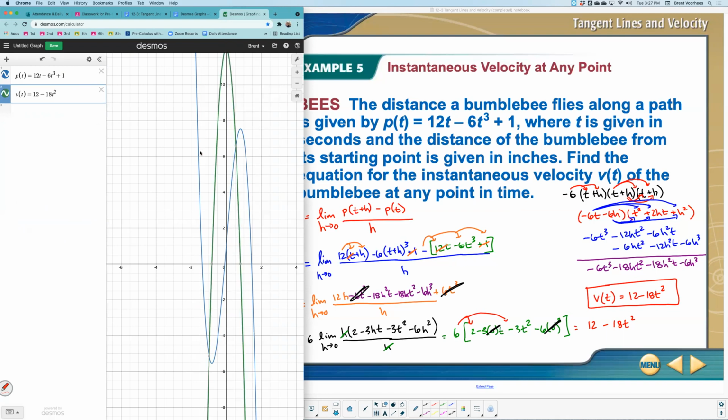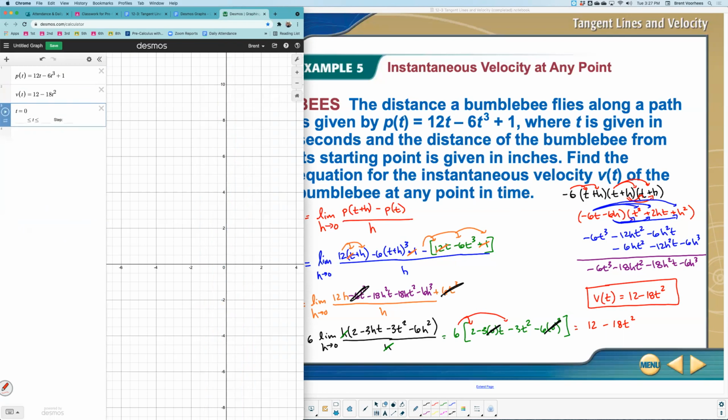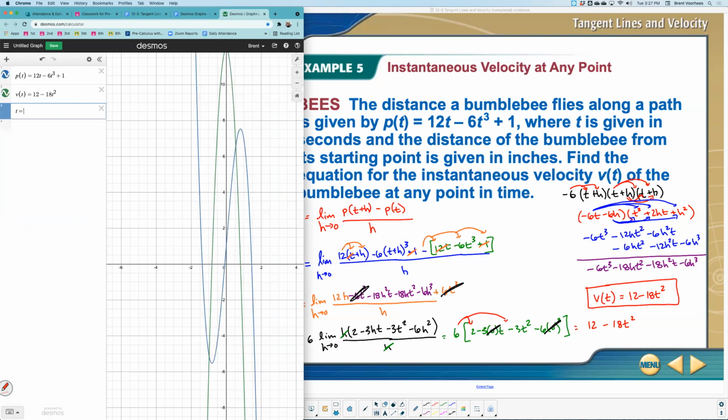Okay, so when you look at them, they don't look alike at all, but given a certain point in time, if we have any certain value, I don't know if this will allow me to do a certain t, if that's going to throw off this problem. Yeah, it will. But what would happen is if we were looking at this, and you want to know the velocity at any point in time, let me just say like p of 3 here. Rather than do it that way, let me show you a table.